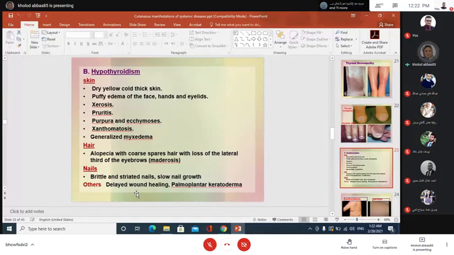Alopecia also, with coarse, sparse hair with loss of the lateral third of the eyebrow, which is madarosis. Madarosis means loss of the lateral third of the eyebrows. We have brittle nails, slow nail growth, delayed wound healing, palmoplantar keratoderma.